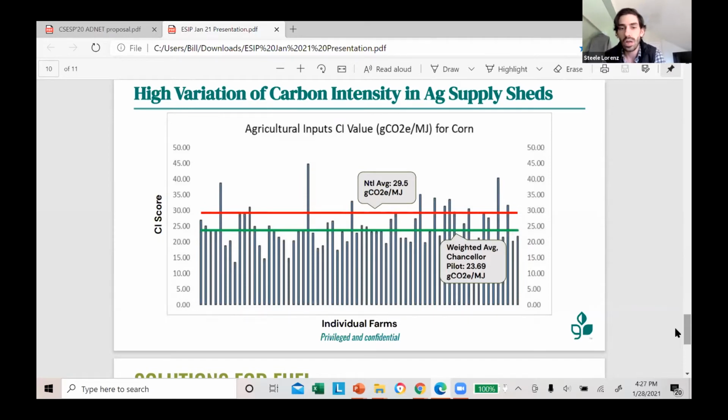But then also, if you look at the immense variation that happens in between farms, you can see that it's really important to be able to provide incentives to individual farmers to improve practices, because these growers are all neighbors. If we were to give them a regional estimation of how energy efficient they are, in fact, you would be undercrediting many and overcrediting some.